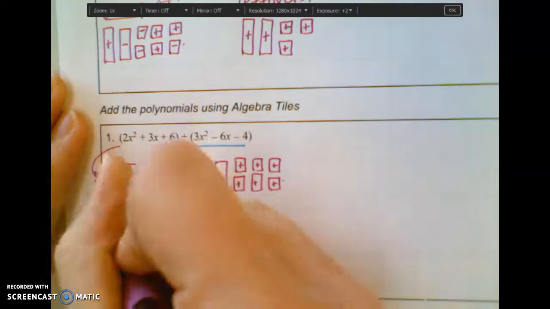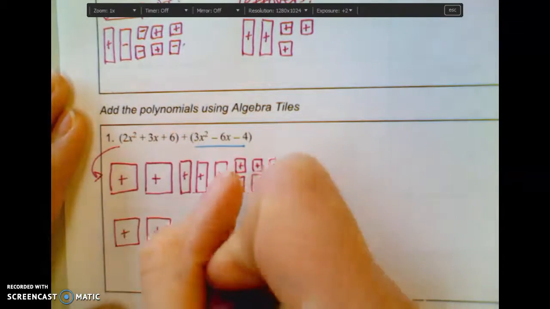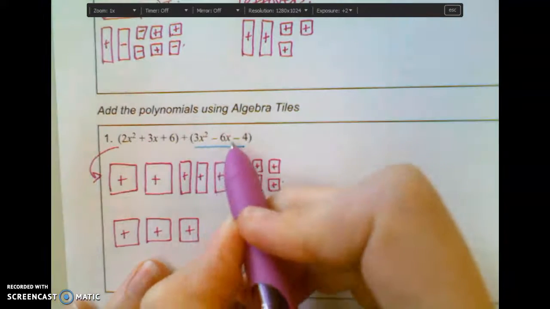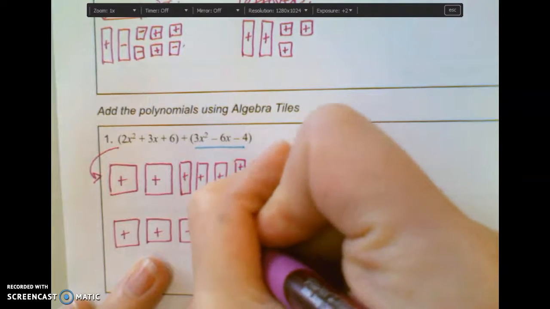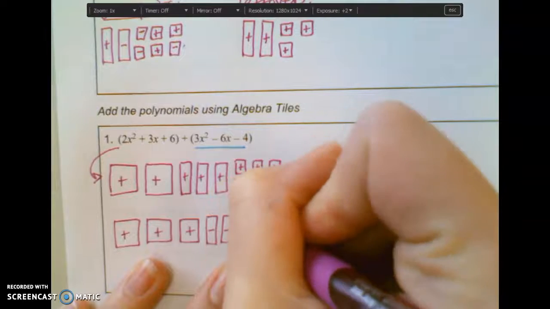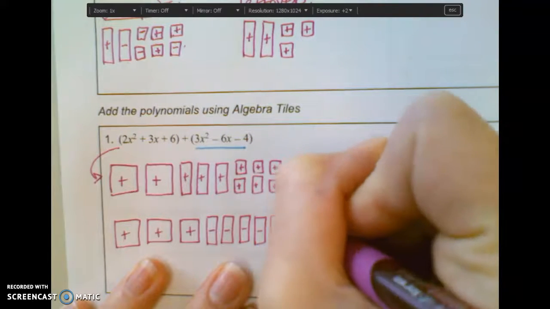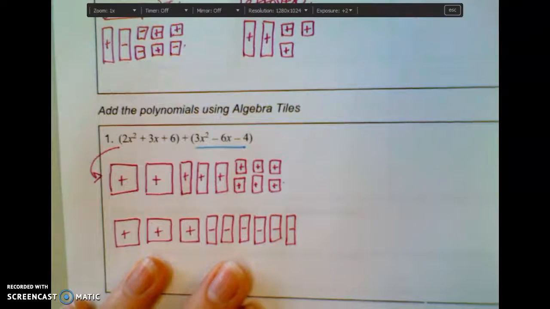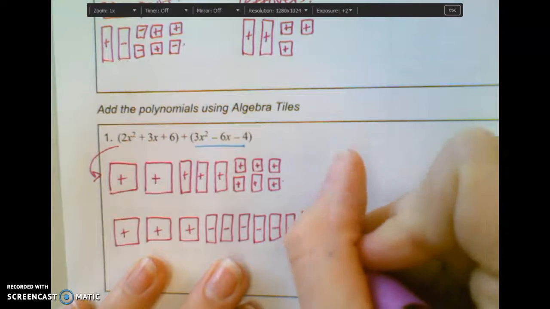Well, 3x squared, we're going to need 3 of the positive x squared boxes. And then negative 6x, we need 6 of the negative rectangles. 2, 3, 4, 5, 6. And then we need 4 of the negative little boxes.